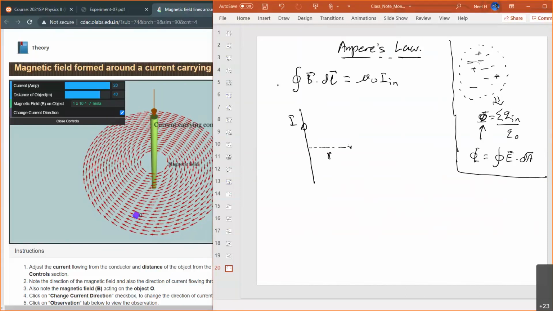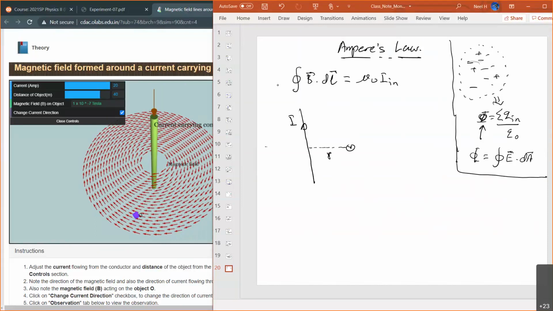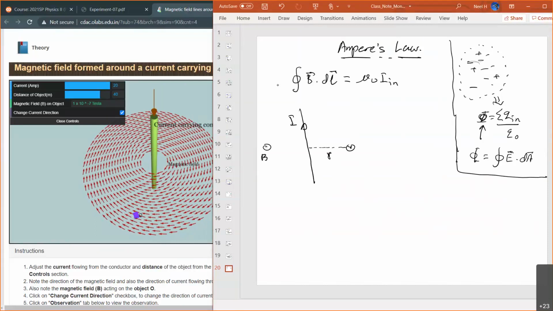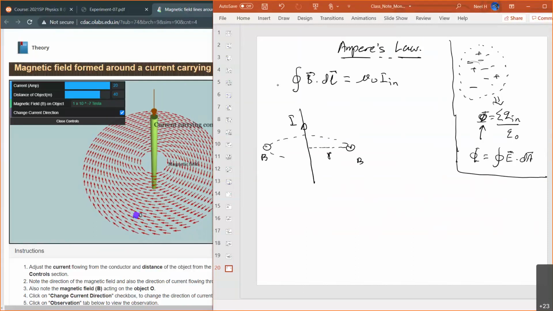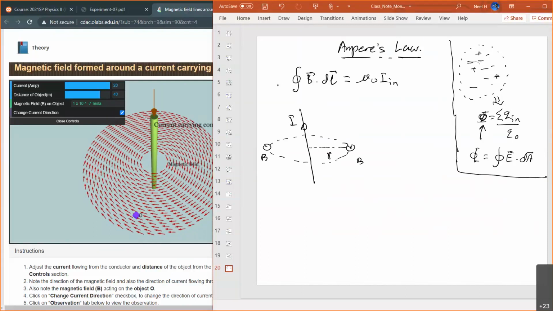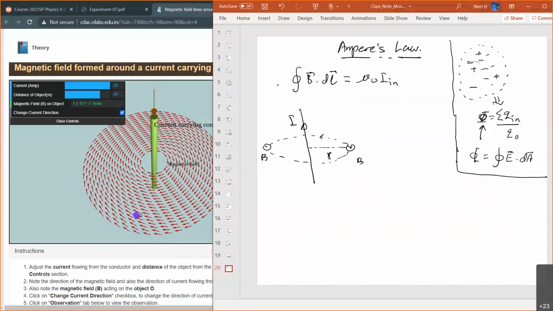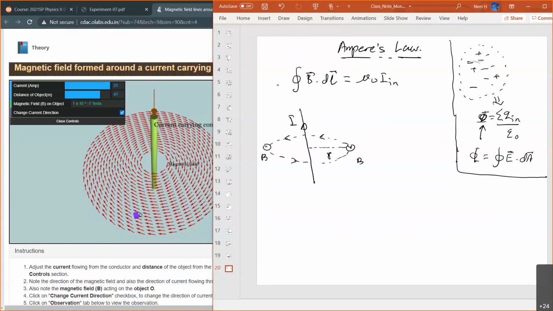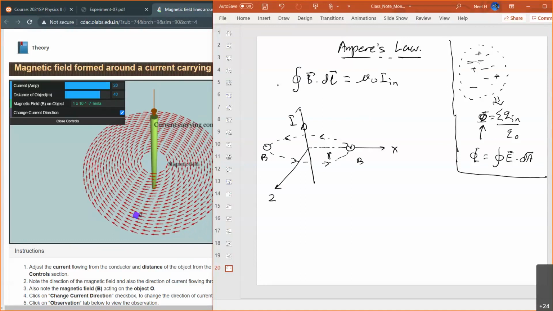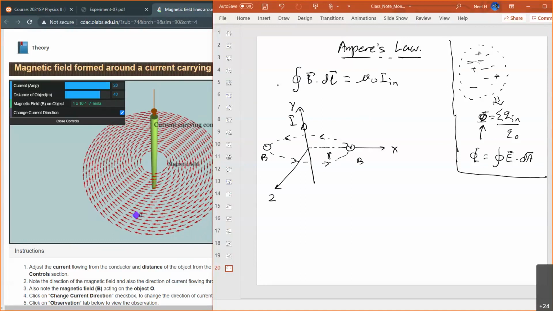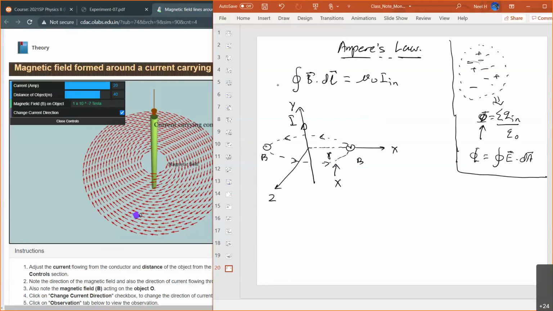Right here the magnetic field goes in, on the other side it comes out. So the loop looks like this. The magnetic field rotates around the wire on the XZ plane. This is the X-axis, Z-axis, Y-axis, so this magnetic field loop is on the XZ plane.